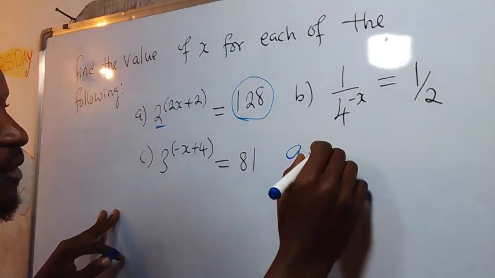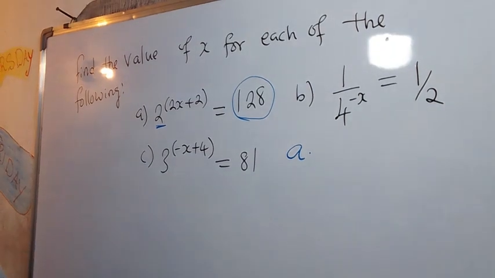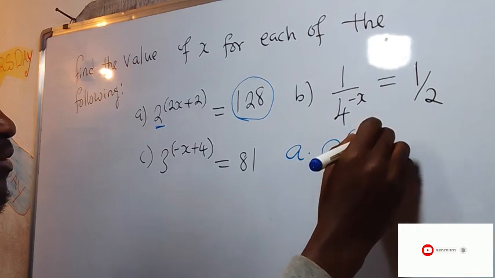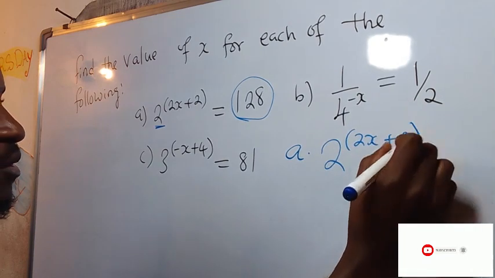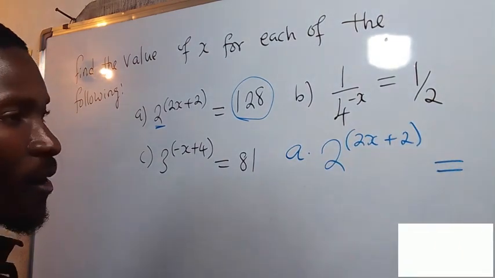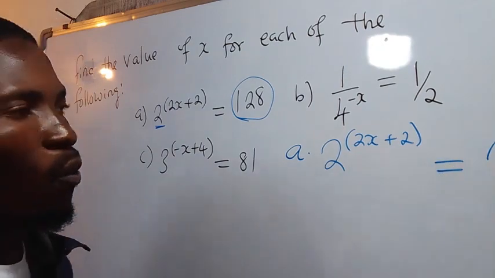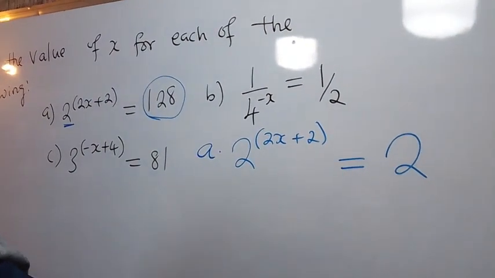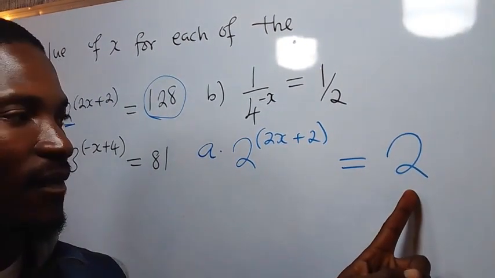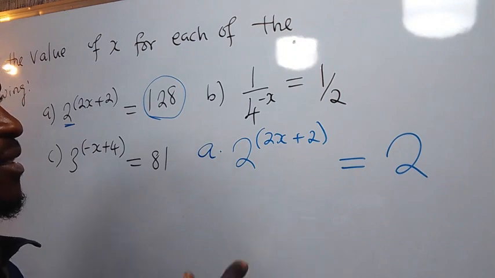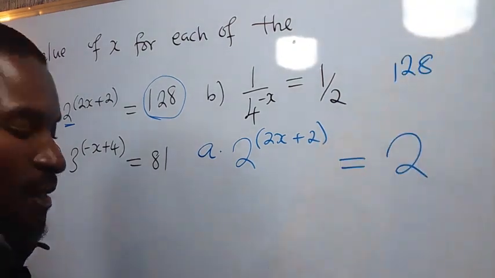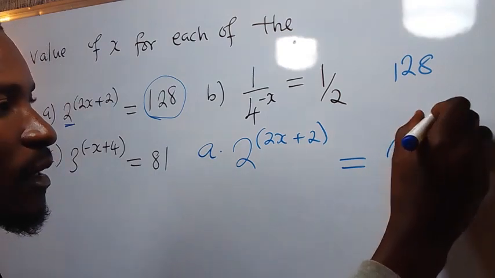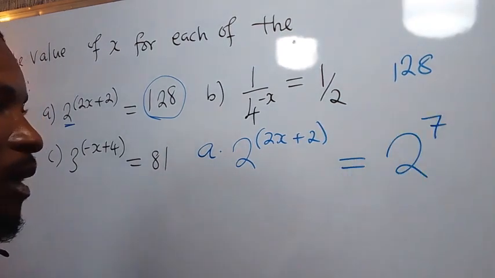So from now, you can say it's 2 to the power 2x plus 2 equals, so we can think of to what number we can raise 2 so that the answer is 128. And it turns out that the number we can raise it to is 7.